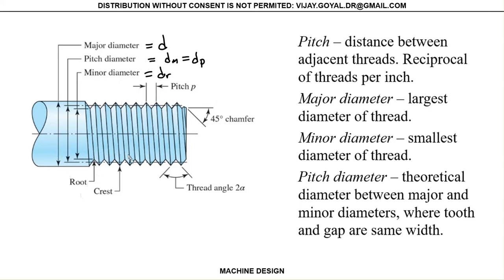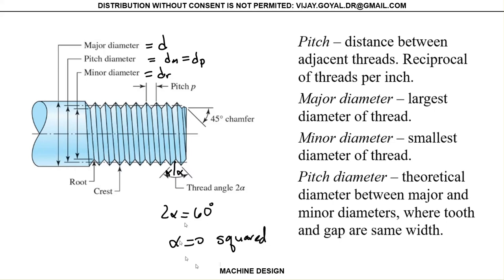Another thing you have is the thread angle, and most of the time this thread angle is alpha, and a typical value of 2 times alpha is 60 degrees. This is very common. If alpha is equal to 0, this is known as a square thread.